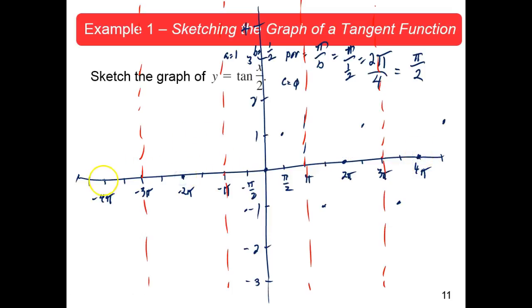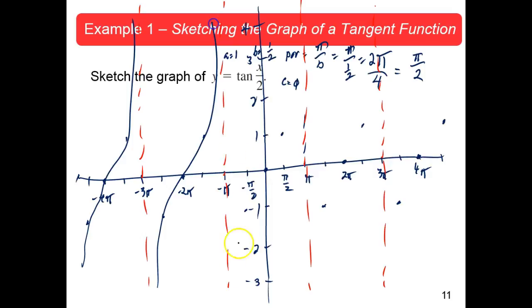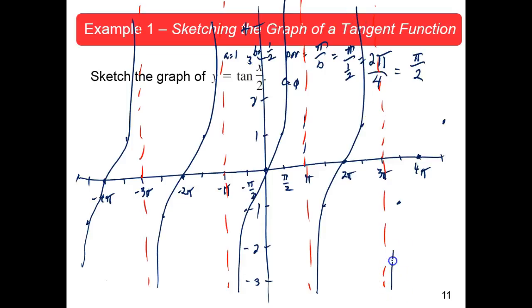Exactly halfway in between your vertical asymptotes, and then you're at plus 1 here, minus 1 here, plus 1 here, minus 1 here. Okay? So basically this is doing like this, like that, like that, and so on.